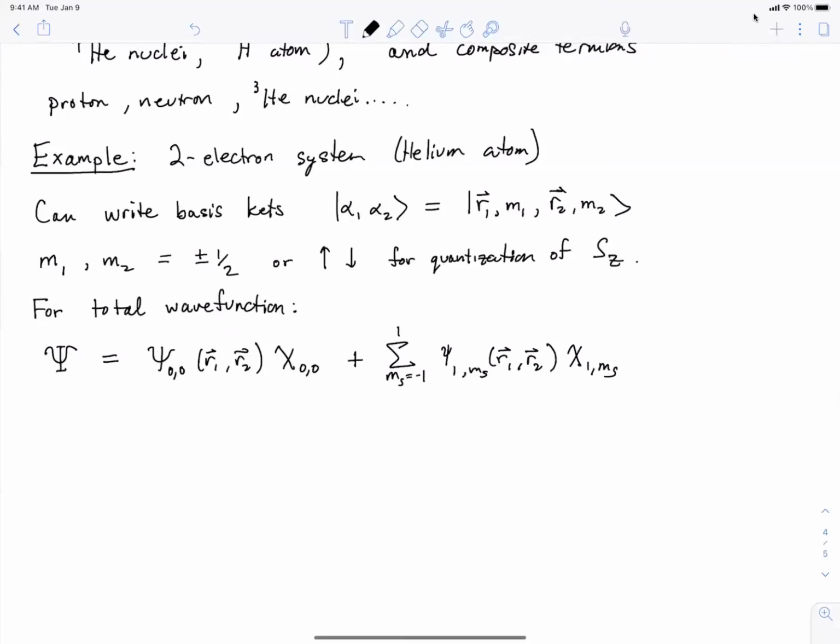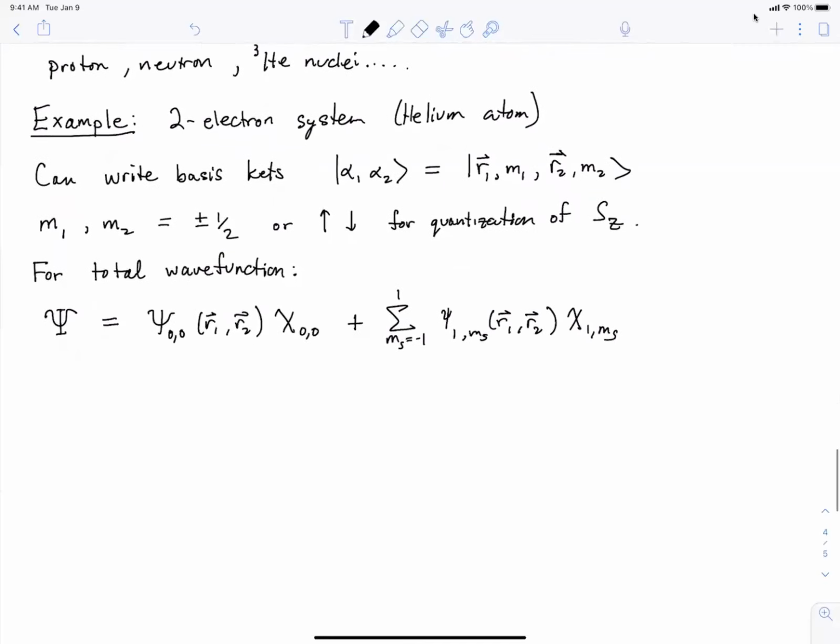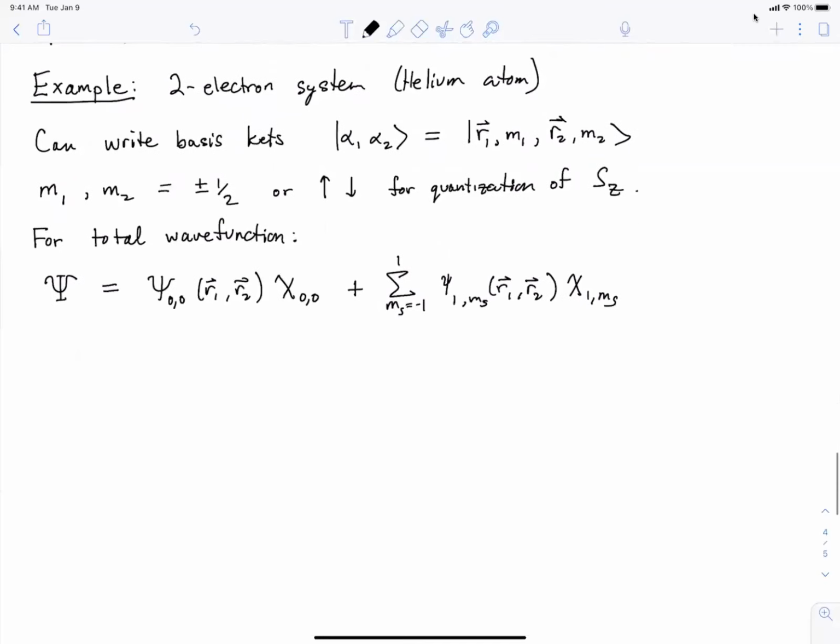So what I'm doing is I'm splitting my state up into spin parts and spatial parts. So the chi's are the spin parts. Actually, they're going to be kets, not wave functions.